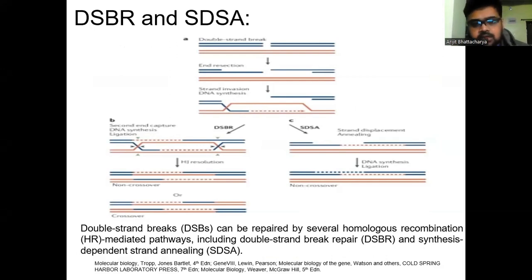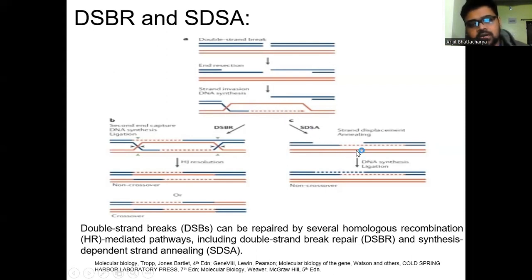Synthesis dependent strand annealing is one of the simpler versions of this double strand break repair model. So here, as you can see, from these overhangs of the double strand breaks, in the displacement loop the complementary DNA is synthesized, and in this particular model, after its synthesis, this complementary DNA is released from the D loop.